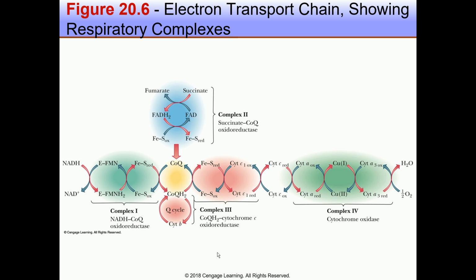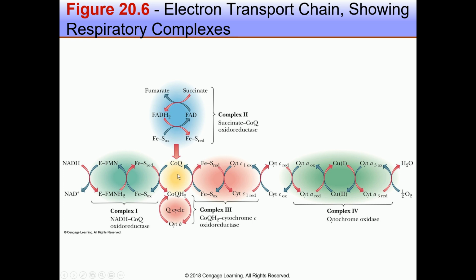That proton gradient is responsible for the activation of another enzyme called ATP synthase, and that results in the formation of a lot of molecules of ATP by the process of oxidative phosphorylation.